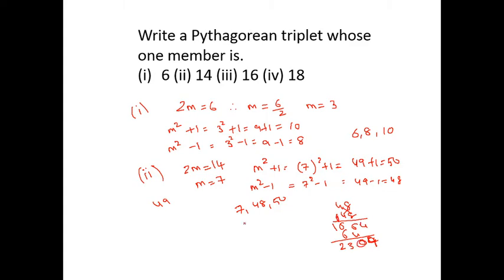So 2304, and here it is 14, sorry, 7 square is 49. So 2304 and 49 is equal to 2500. Means our answer is correct.